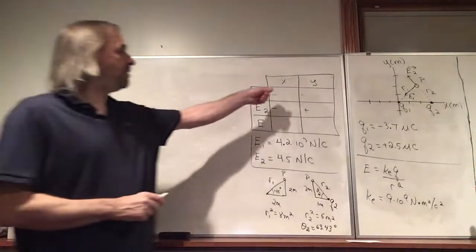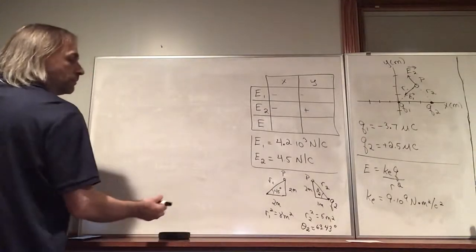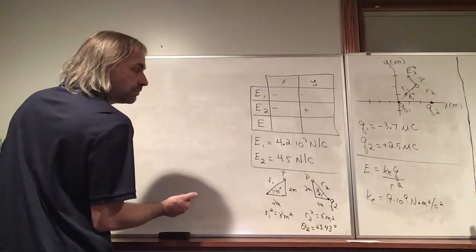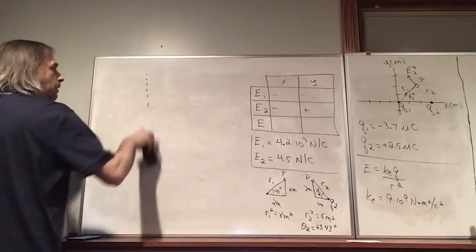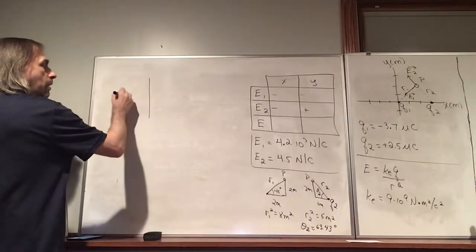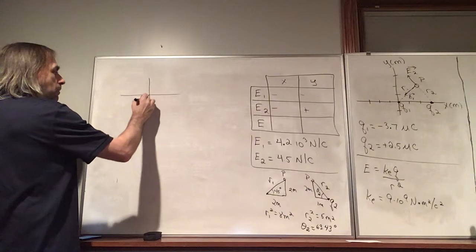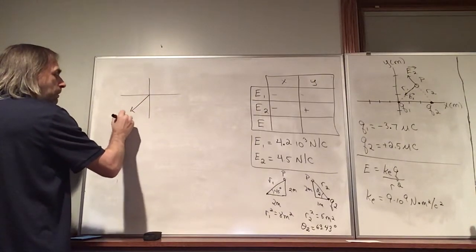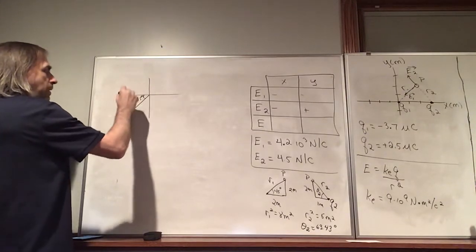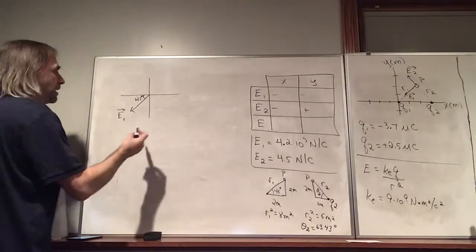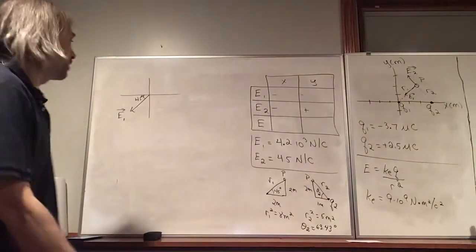Now we have to break these vectors into components. So let's look at E1. Okay, so E1 is at a 45-degree angle. The x and y components, in this case it doesn't matter, because at a 45-degree angle, sine of 45 and cosine of 45 are the same.